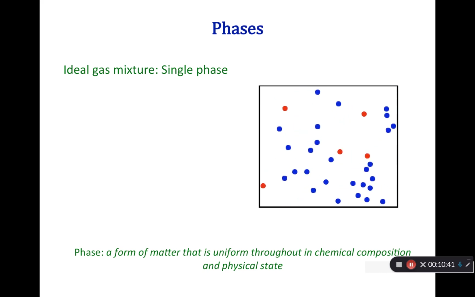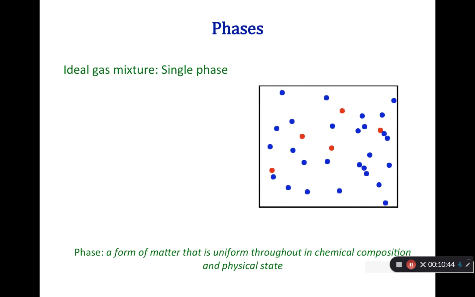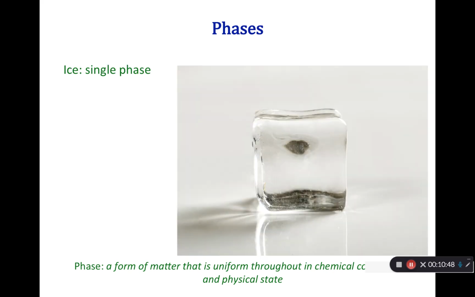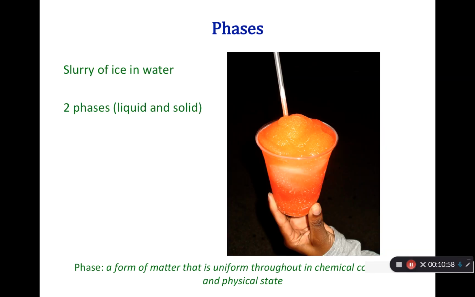And the physical state is also the same. The system has a given pressure and temperature that does not change. Ice is a single phase, again uniform in chemical composition, no matter which part you make the measurement in. A slurry of ice in water, on the other hand, is two phases. There is a liquid phase and a solid phase.